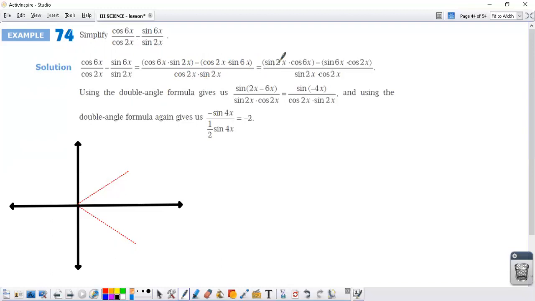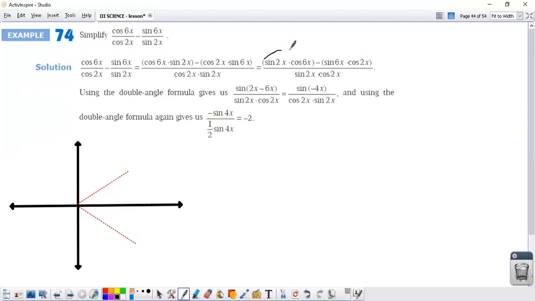And it's going to be the difference of sine formula, right? Remember sine x minus y: it will be sine 2x times cosine 6x minus sine 6x times cosine 2x. That is the difference formula for sine.